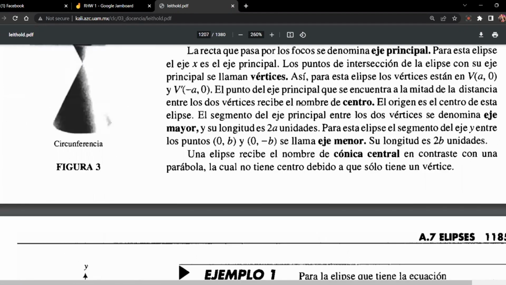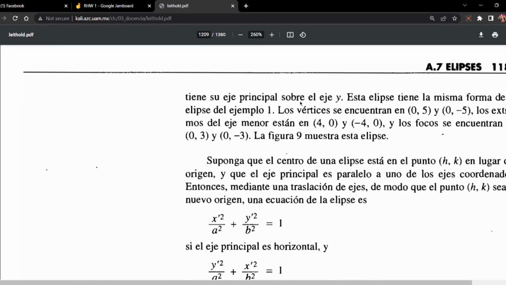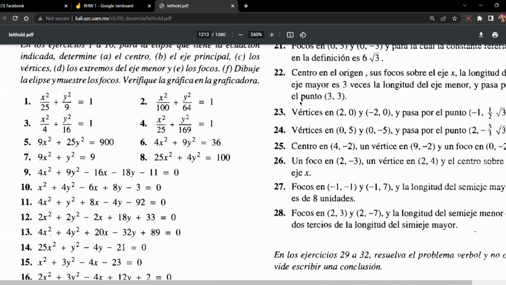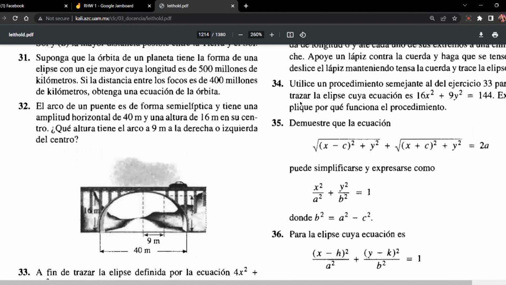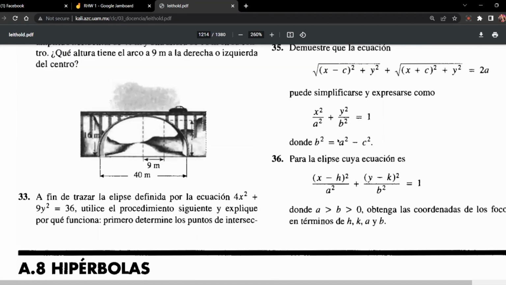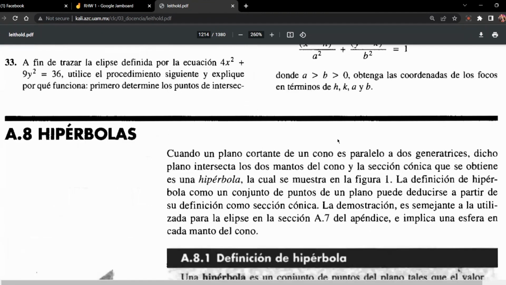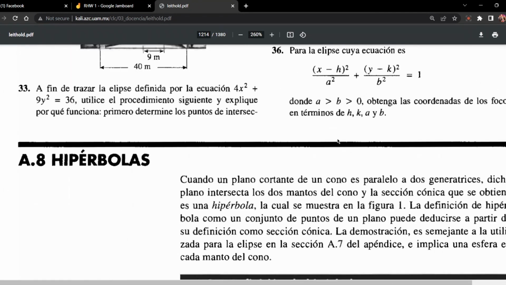No, see. Forward. Kasi next topic yung hyperbola eh. So that's it. Hyperbolas na.